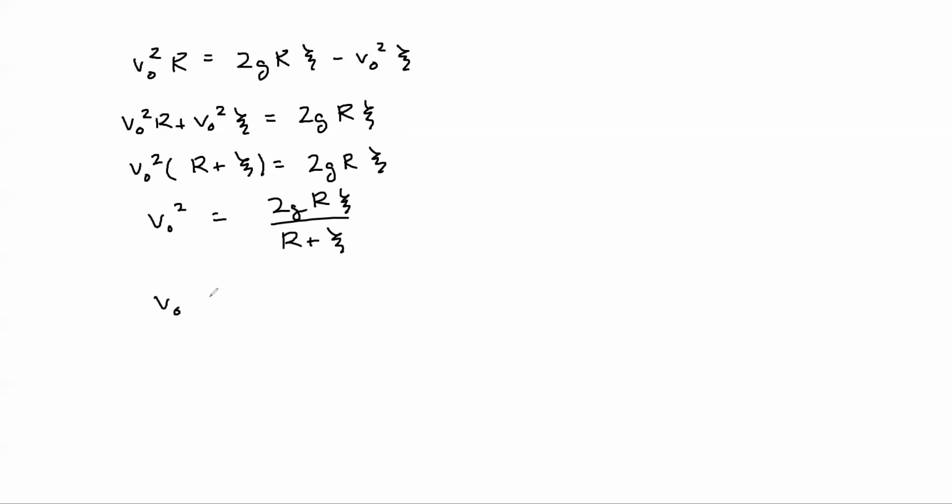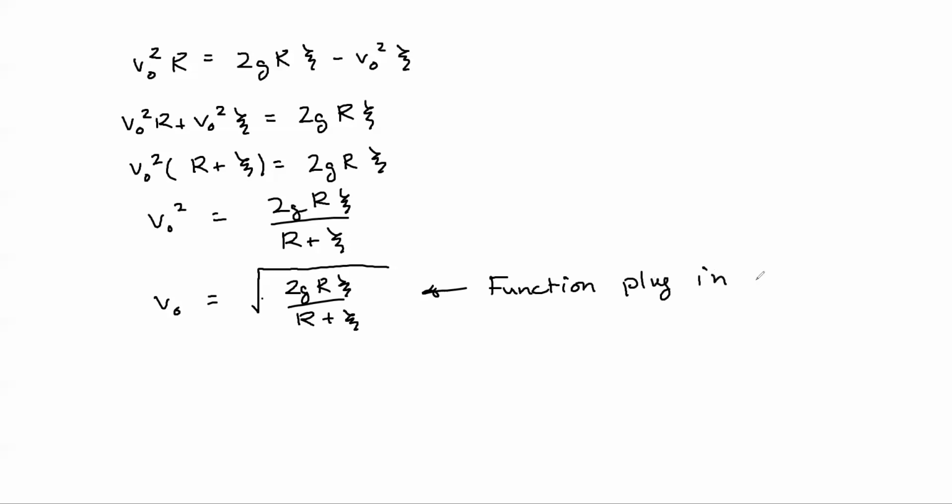And then finally, we get v naught equals the square root of 2g r xi over r plus xi. So this gives us a function where we can plug in altitude and the output is the velocity required.